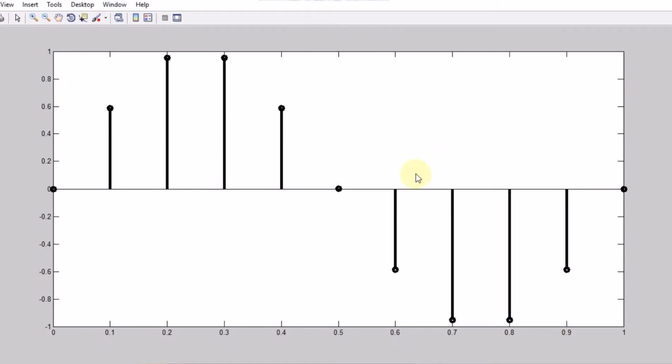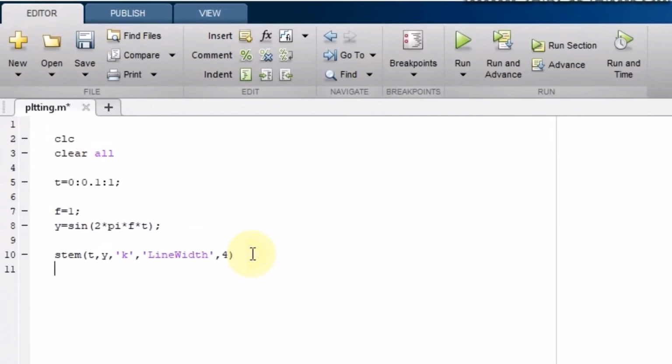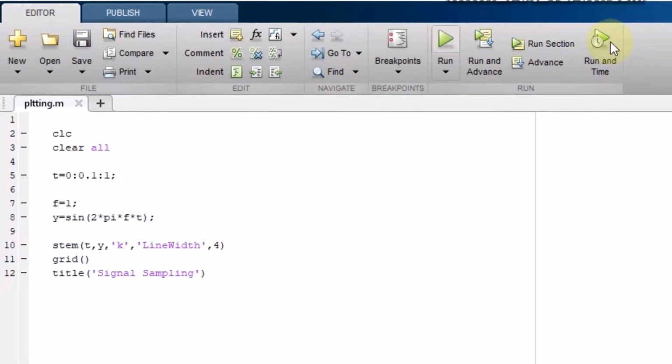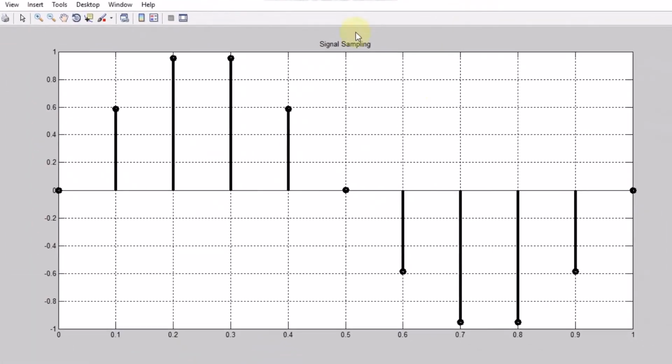Now this is the discretized signal. Now in order to use other options here as well, writing grid here, and also the title, let's say, signal sampling. So this is our signal.